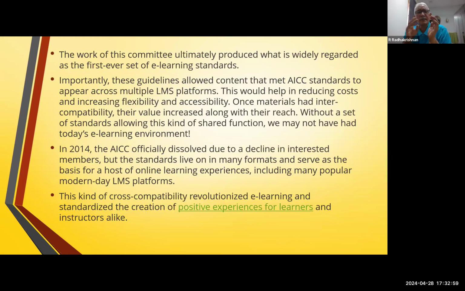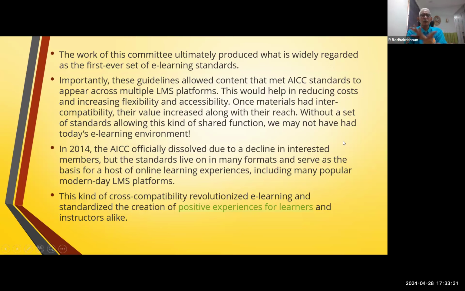These guidelines allowed content that met AICC standards to appear across multiple LMS platforms. In fact, distribution of the content across the LMS platforms was possible if the contents were developed as per the AICC standards. And without a set of standards allowing this kind of shared function, today we may not have any e-learning environment.